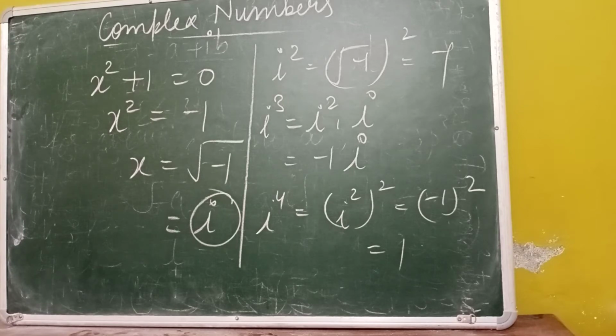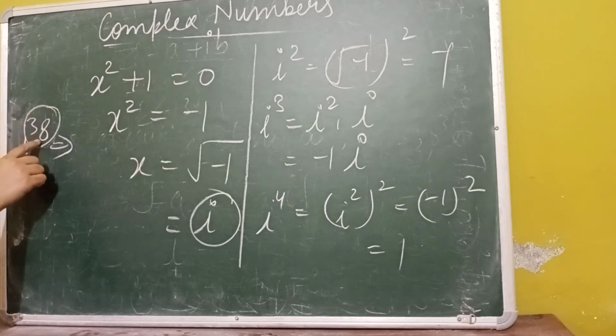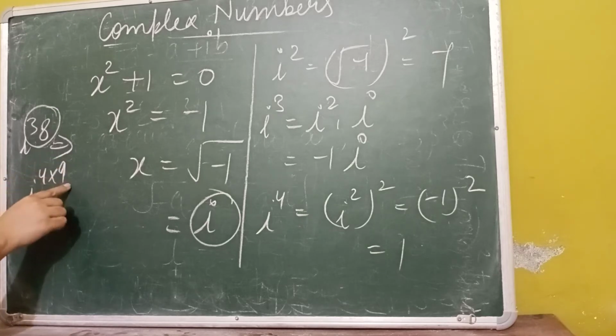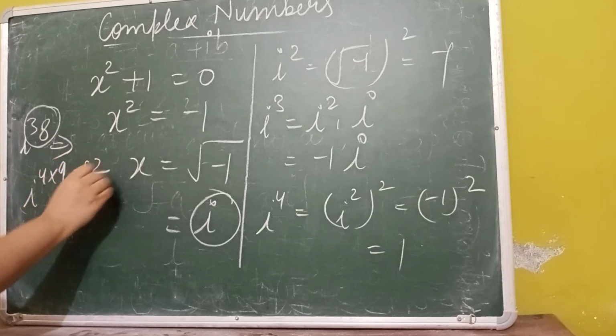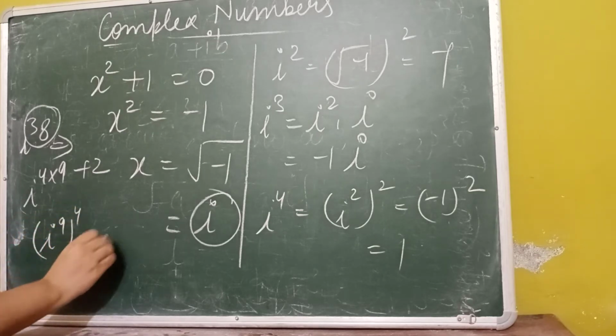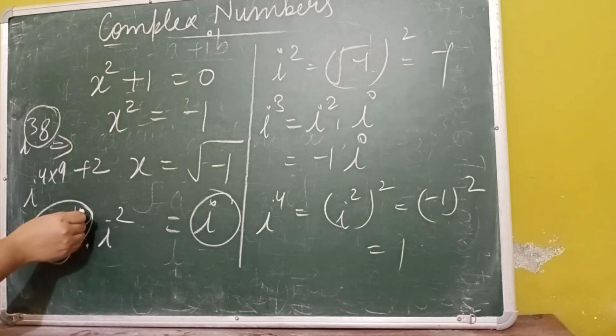Whenever any question is given to evaluate in terms of i, for example if it is given i power 38 and we have to write it in the simplest form, first of all I will try to solve it in terms of the power of 4. So I will write it as 4 into 9, because 4 nines are 36, plus 2. That means it can be written as i power 4 whole power 9 into i square, which is 1, because i power 4 is 1.